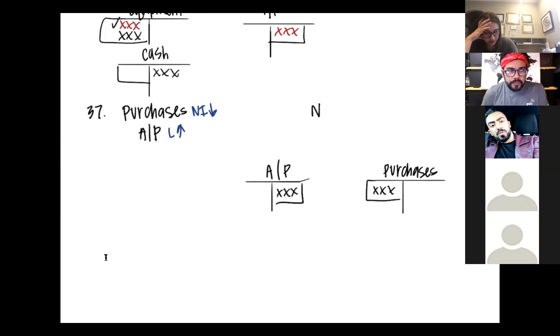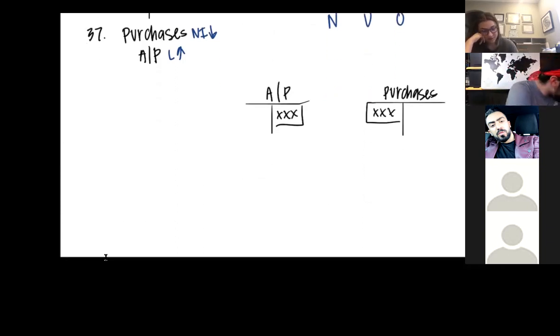Nothing happens to our assets because no account is affecting it. Our liabilities should have been increased, so they're understated, correct? And our purchases lower our net income, and that didn't happen yet, so our net income was overstated. Done.